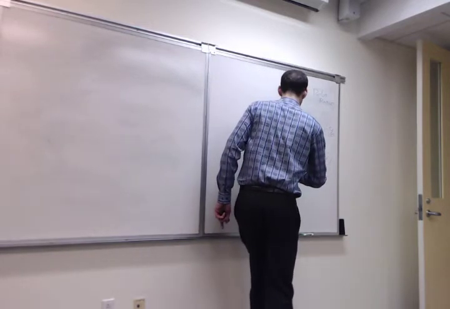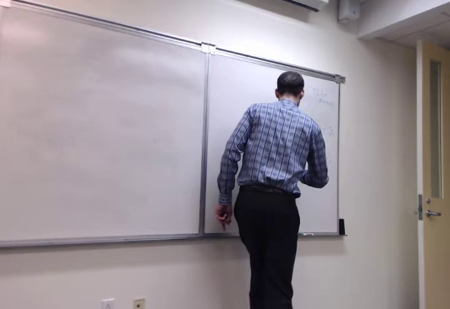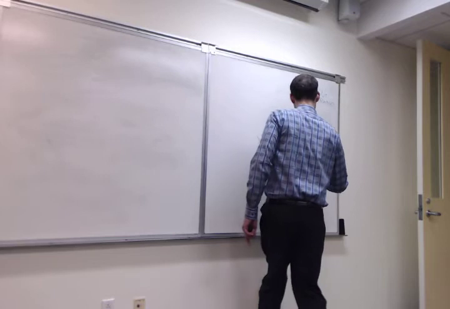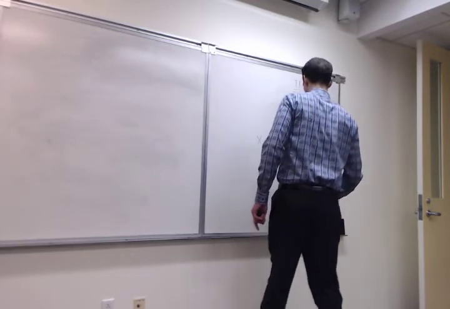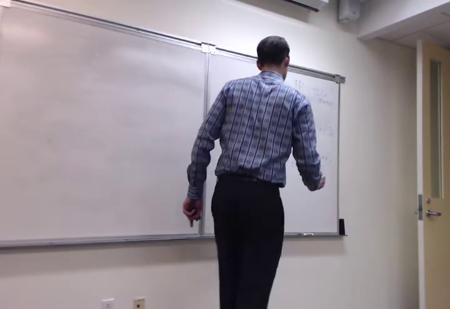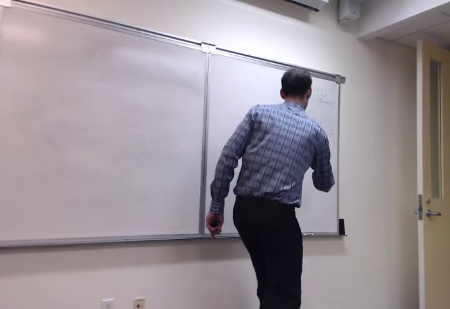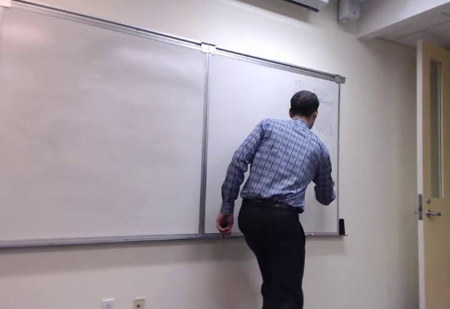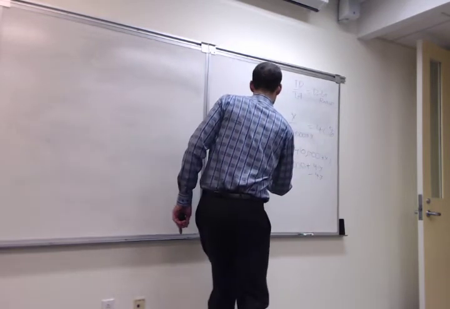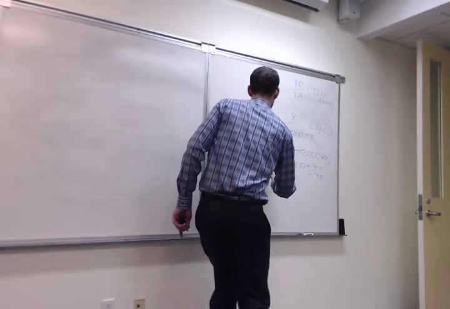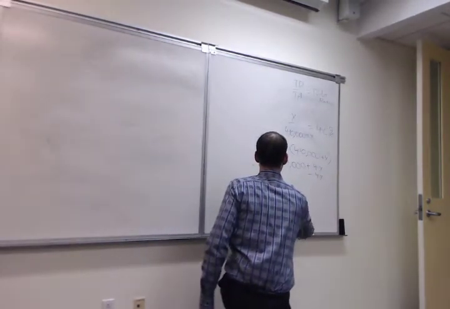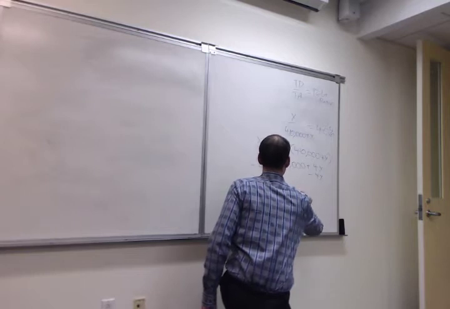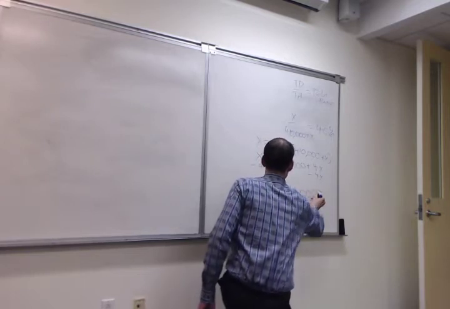164,000. Excellent. Plus 0.4 X. So now we subtract 0.4 X from both sides, and that's going to be 0.6 X equals 164,000.